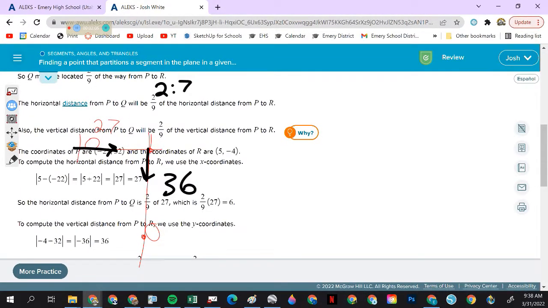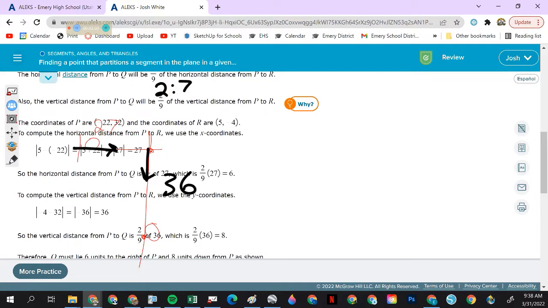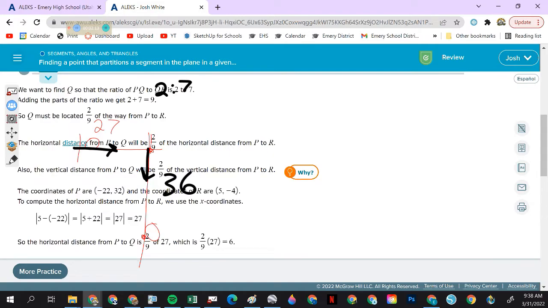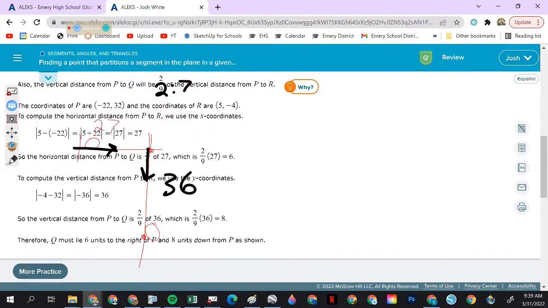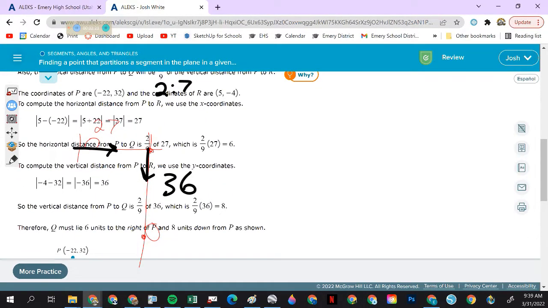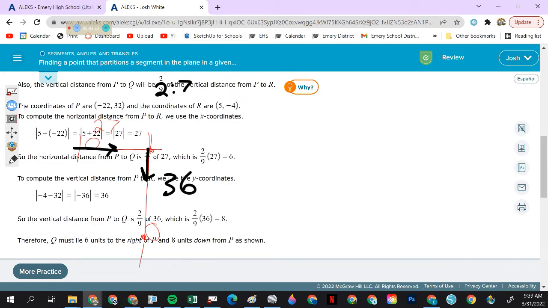So the horizontal distance from P to Q is 2/7. The vertical distance from P to Q is, oh, it's not sevenths, it's ninths. I'm sorry, 2/9. This is 8/6. Okay, so the horizontal distance is 27 and the vertical distance is 36.